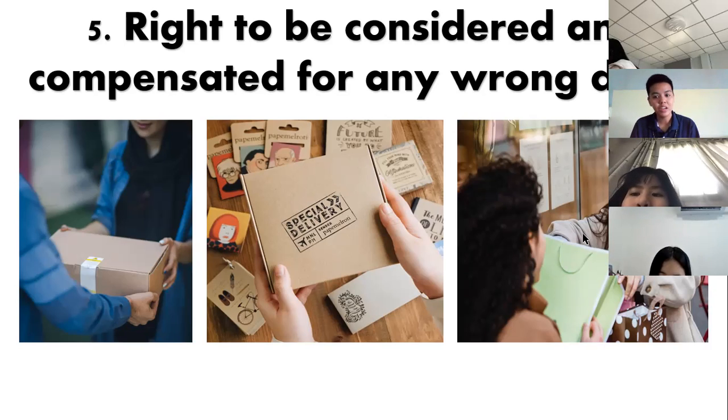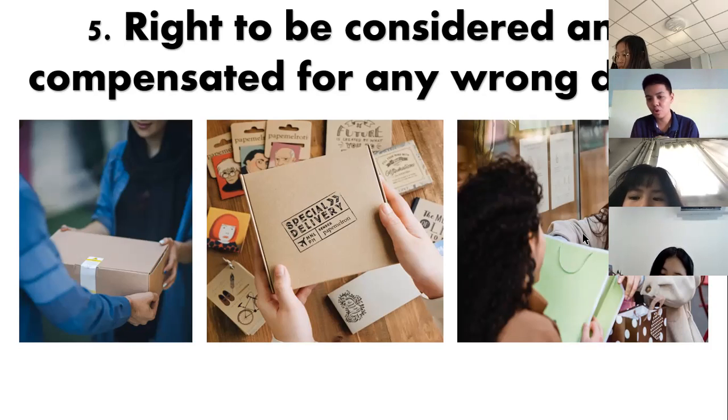When you say compensated, maybe the owner can exchange a new product, or if you don't want a new product, maybe the owner can give you back your money. So it's your right, but you can only do this if it's damaged or it's the wrong item or the wrong product. But you cannot say you just don't like the product and return it. You need to have a reason.